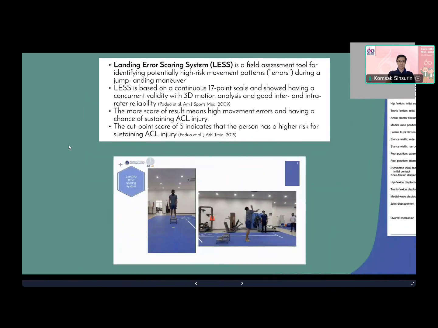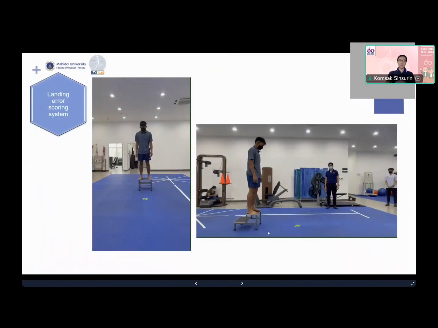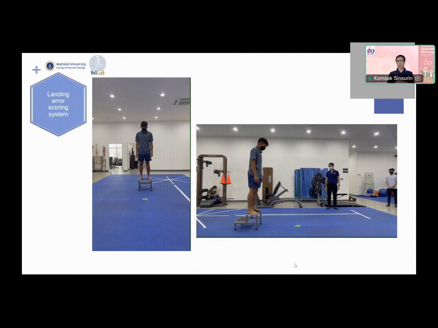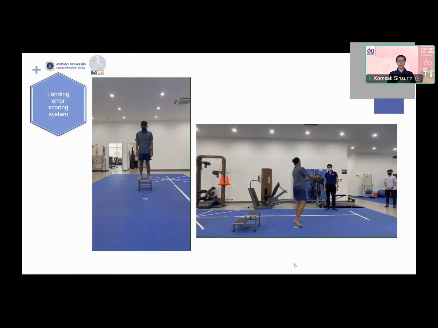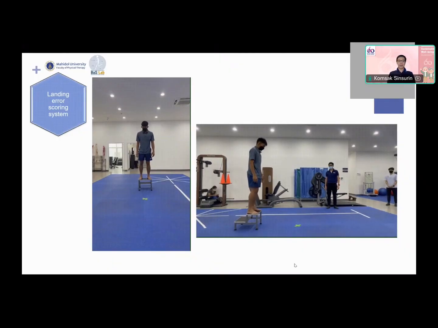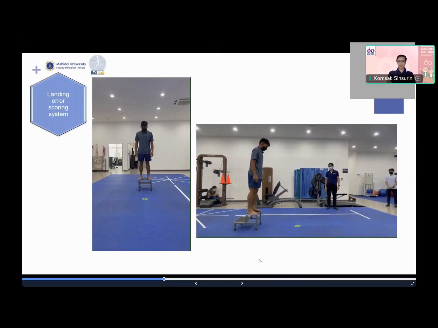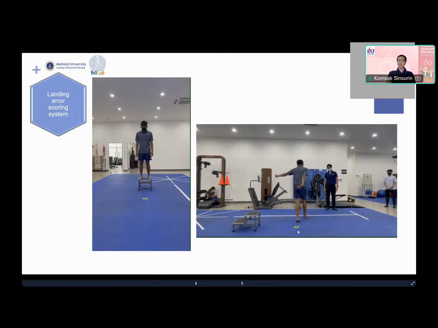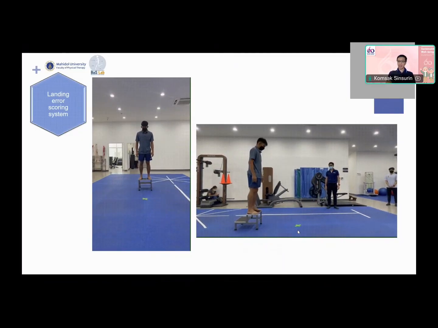This is the test for the Landing Error Scoring System. We ask the athlete to stand on a 30 centimeter high platform, and set the distance from the platform to the landing point at approximately 50% of the athlete's height.